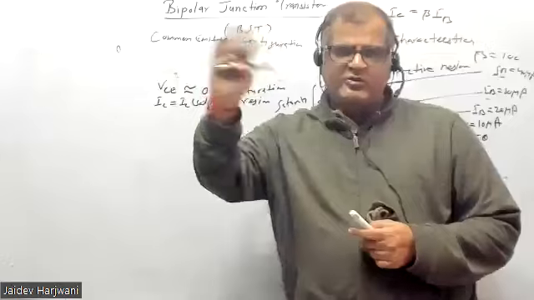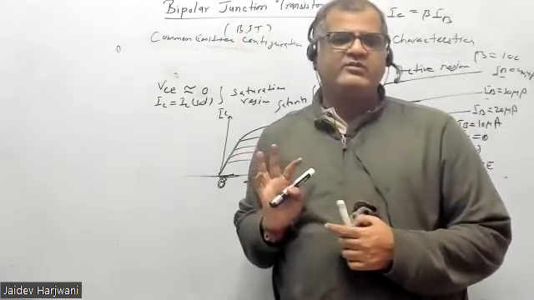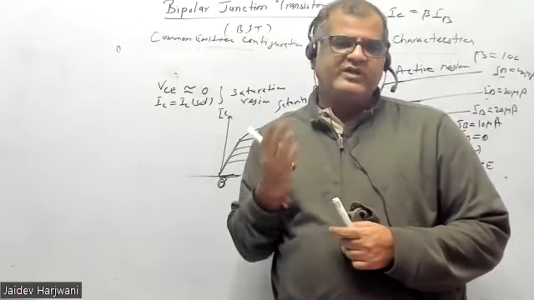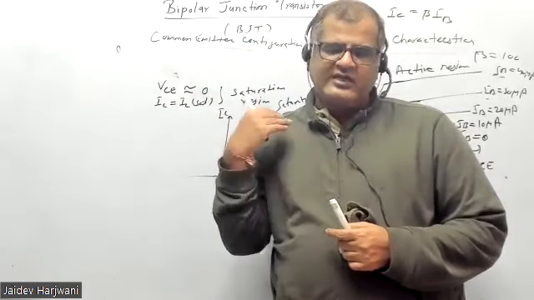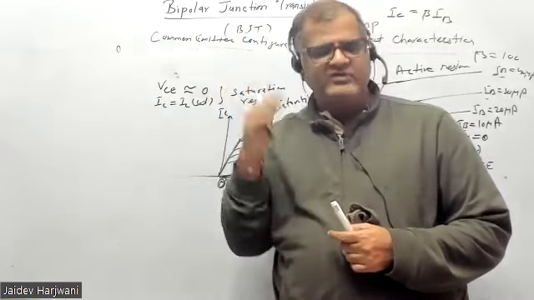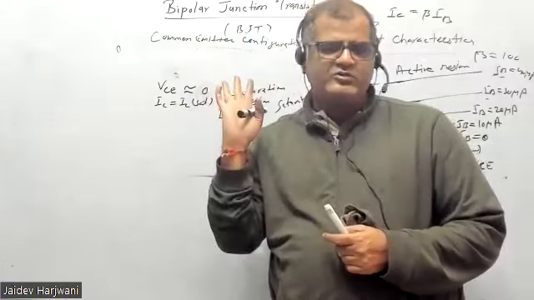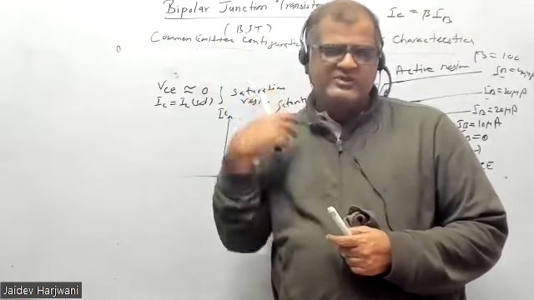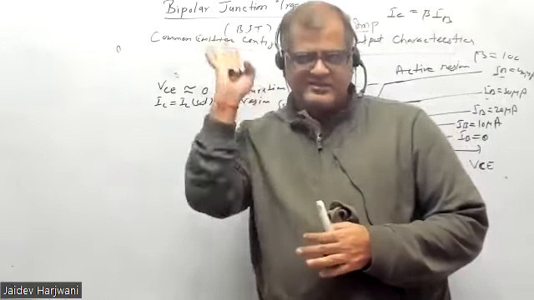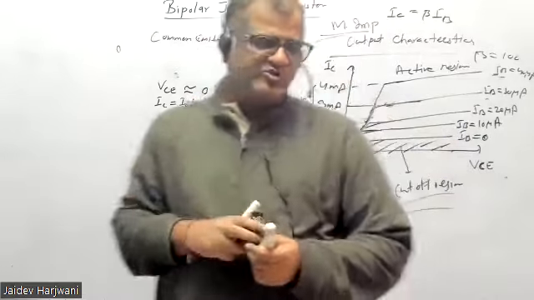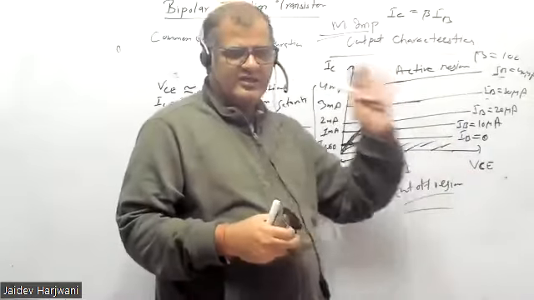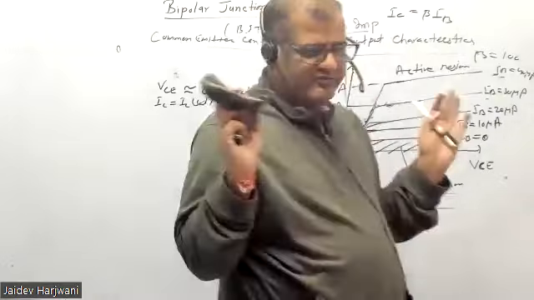So your VC should be close to 1 volt, roughly you can remember. If your VB is less than 0.7 volt, the EB junction will become reverse biased. If your VC is less than 0.7 or close to 0, then this junction also becomes reverse biased. Your transistor is in cutoff. That is a signature. You should find the values of these in the circuit. If these values are close to 0, cutoff.